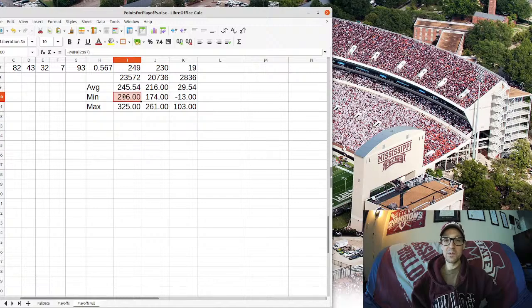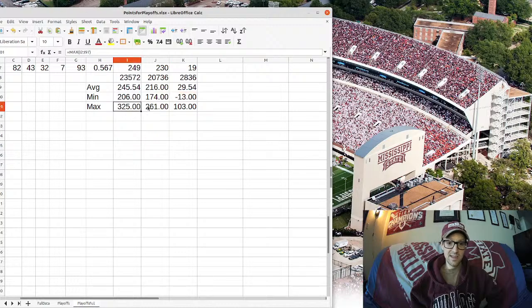Compare that to the minimum, that's a huge gap. So what that tells you is it's not all about how much you score. Even in the end, it's not so much about differential. I guess it's a combination of everything.